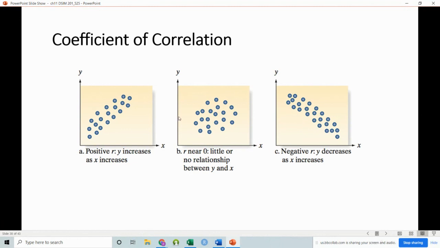So our correlation will be 0, so we'll have a 0 sloping line, and this just looks kind of like randomly generated uncorrelated data. So there is little or no relationship between y and x. And if it is a downward facing slope, it is negatively correlated. So y decreases as x increases.